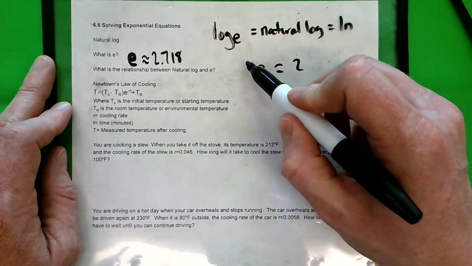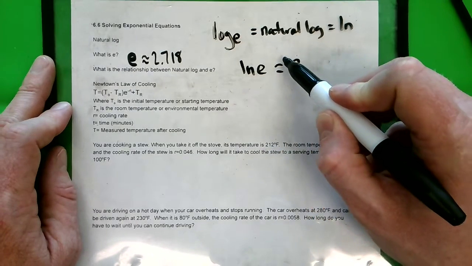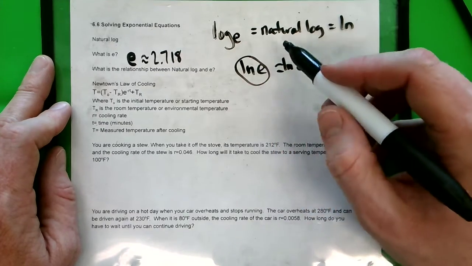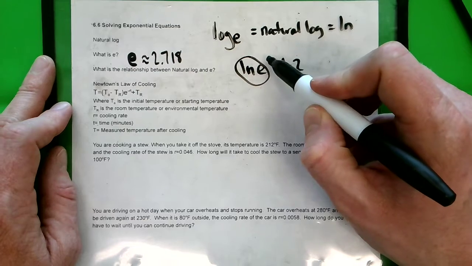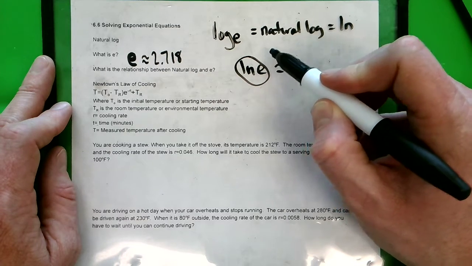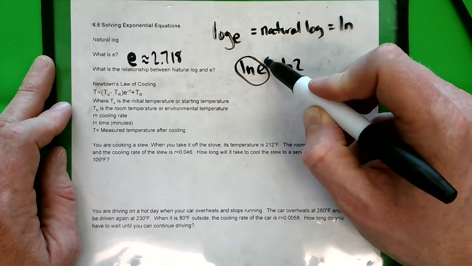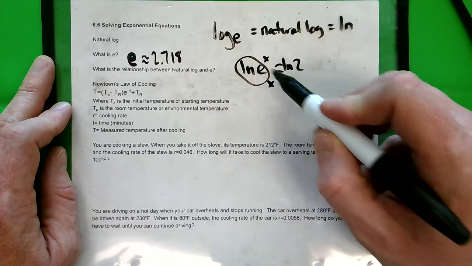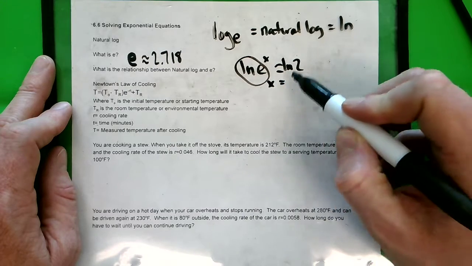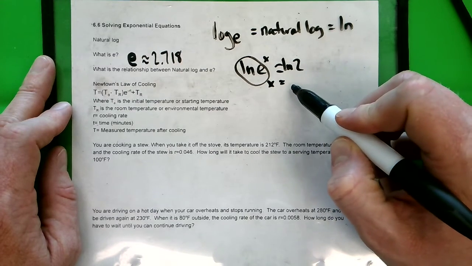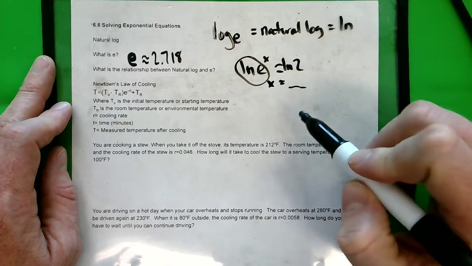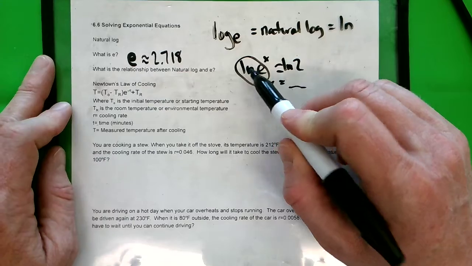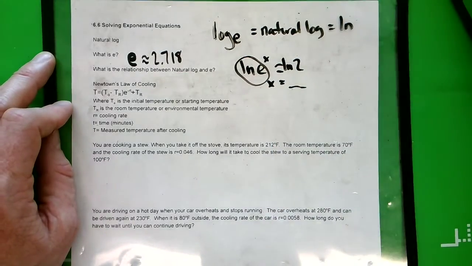If you took the natural log of e and the natural log of 2, the natural log of e would get canceled out. And let's say maybe it's e to the x power. Then x would be on the left side of the equal sign, and the natural log of 2, which you could find on a calculator, would equal some number. So we're going to use that idea that we can cancel out e with a natural log when we solve these problems today.